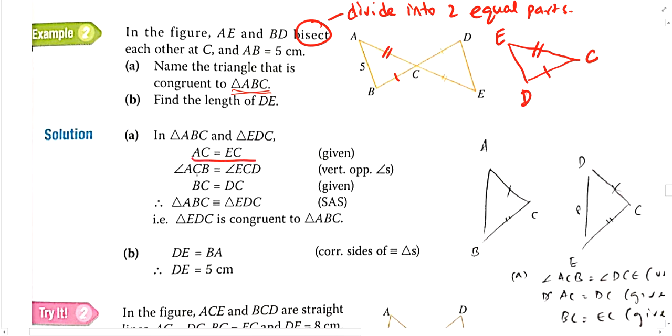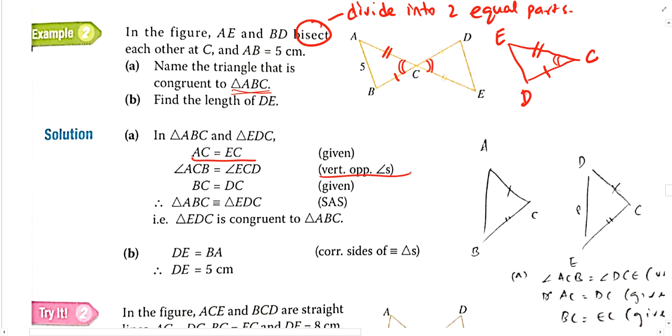After I've drawn it out, then the steps. First, we know that AC equals to EC. That was given. Next, we see that the angle ACB, this one over here, is the same as ECD. What is the reason that these two angles are the same? Vertically opposite angles.